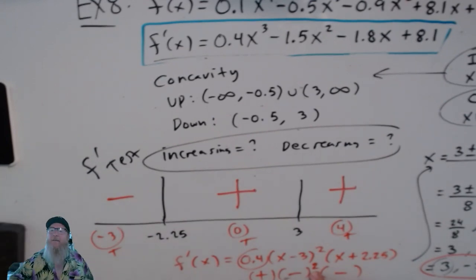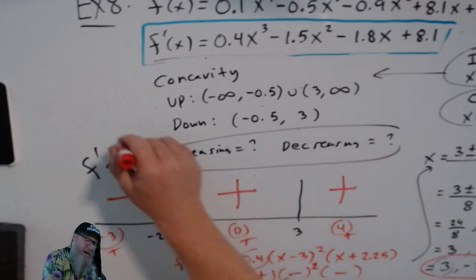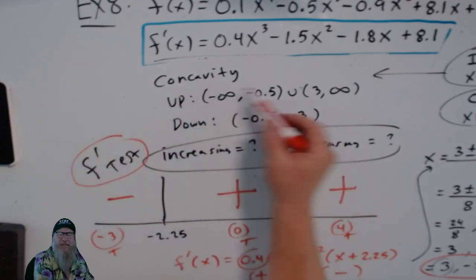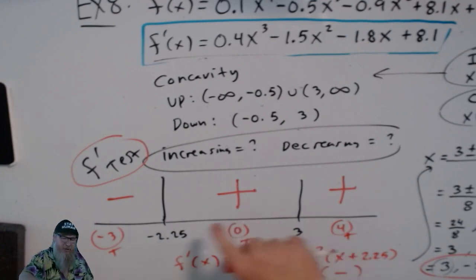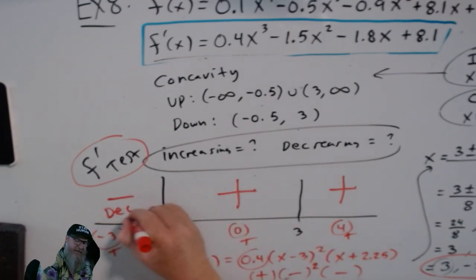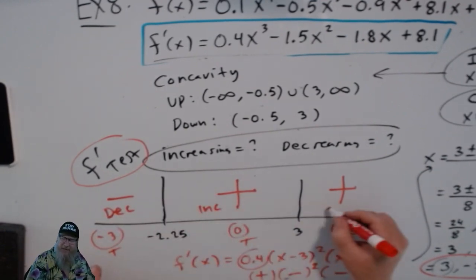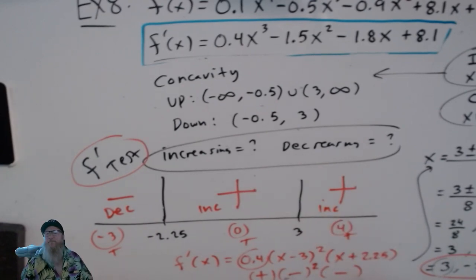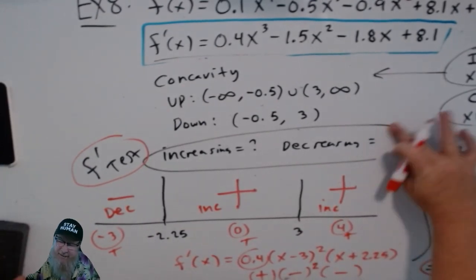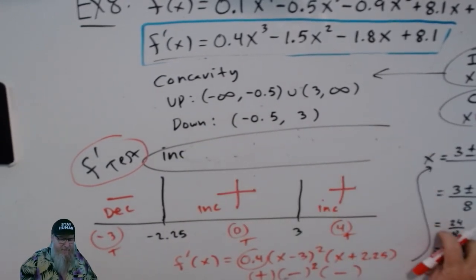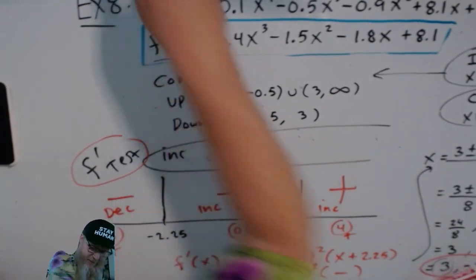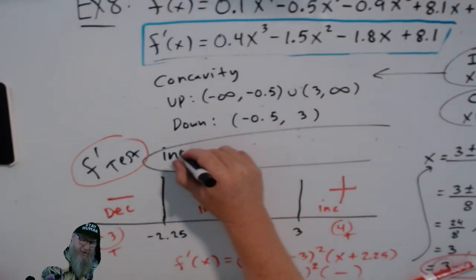So that one's negative. Now remember, I already did the second derivative test. I did that first, and then I backed up to the first derivative test. So now I know it's decreasing, increasing, increasing. Let's do increasing first.